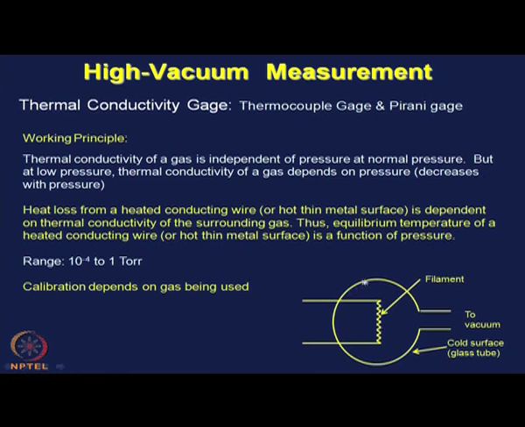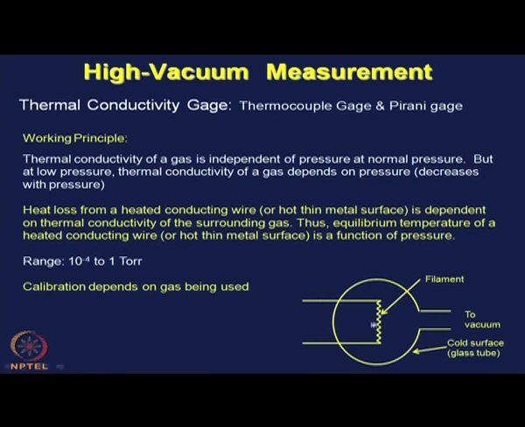Now, this glass surface will work as a cold surface and this is the hot surface. So, there will be heat transfer between these two surfaces and finally, the filament will assume some equilibrium temperature.